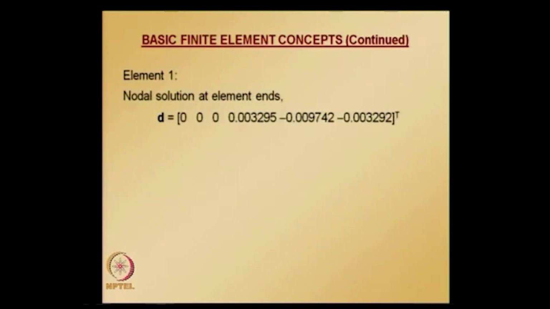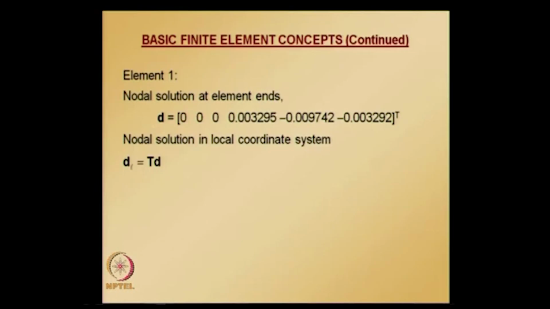Element 1, the nodal solution that we obtained just now is written here, that is u1, v1, theta 1, u2, v2, theta 2 values. This is the global displacement vector, and we need to find the local displacement vector using the relation coming from the transformation matrix, that is dl is equal to T times d.